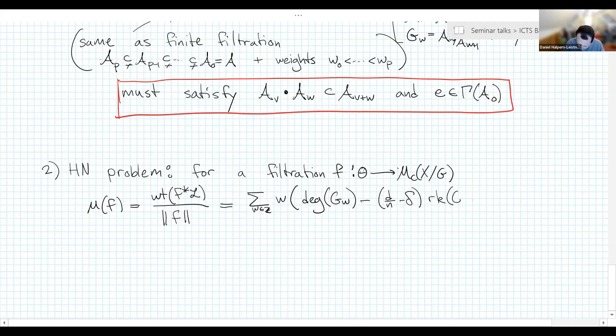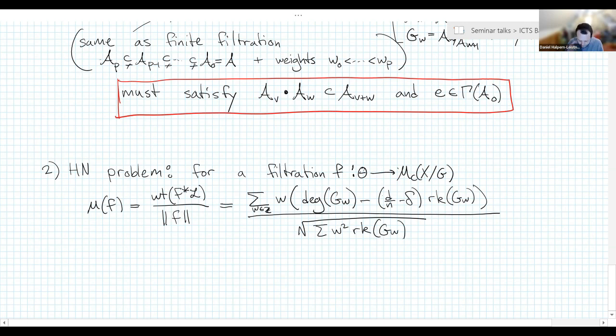So it's this formula, and then divided by the square root of the sum of W squared times the rank of GW. So there's this number.